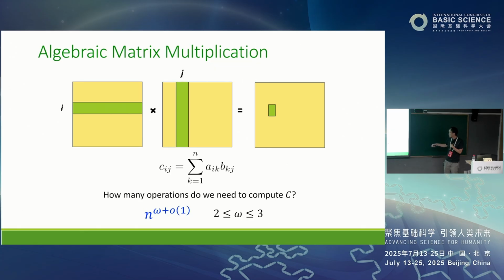But because the output is n squared elements, the best we can do is n squared. So omega is at least 2. So omega is a constant between 2 and 3. We don't know the exact value of omega right now.